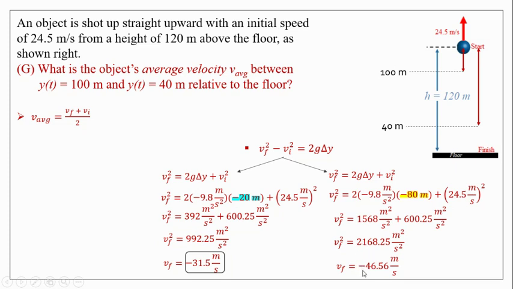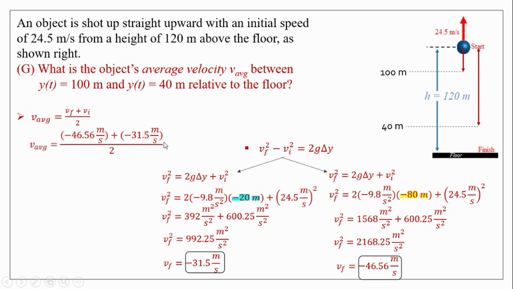We want to use the negative value because it's on its way down. So here we just found VF and VI. Even though both of these are VF, they are VFs at different locations. So I know the final and the initial velocity, so therefore I can just plug values in. I know my final is negative 46.56. I know my initial here is negative 31.5.